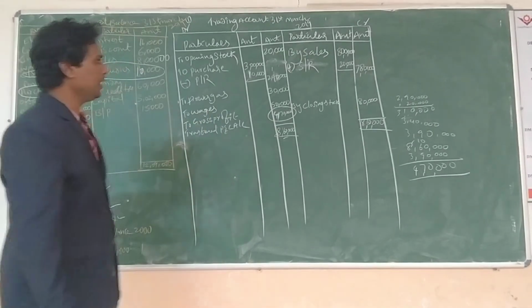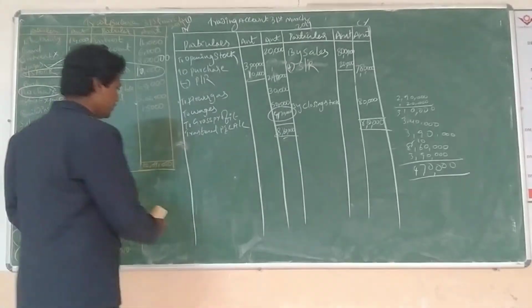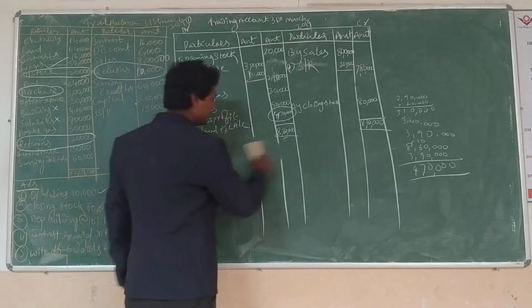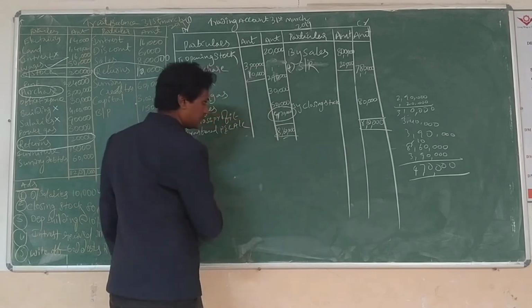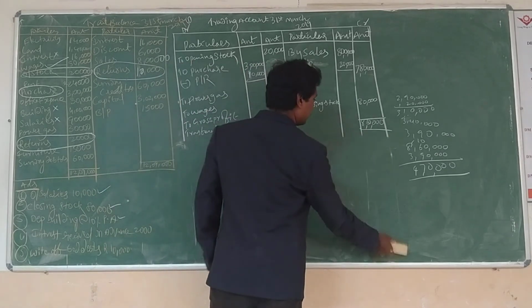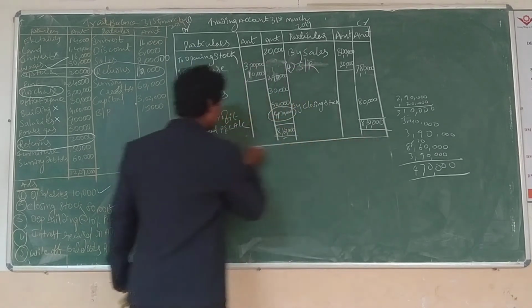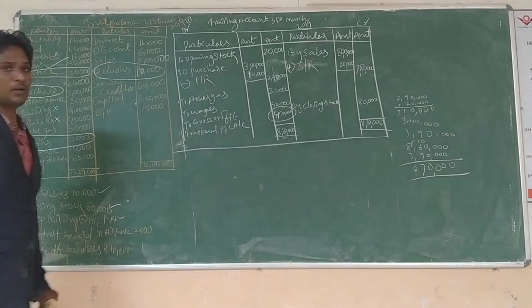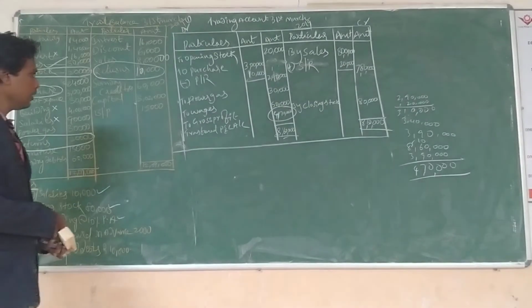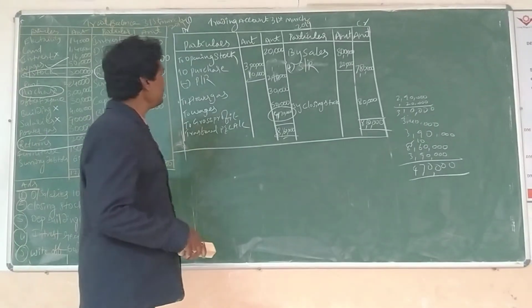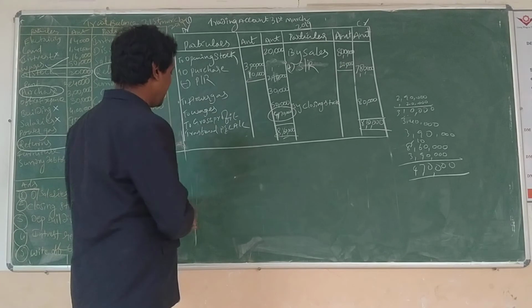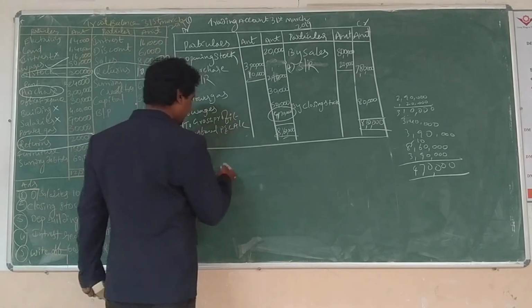So this is the trading account. Dear students, write down, note down this one. This is the trading account. All of you note down. And now we go to do the problem. Second step is the profit and loss account.